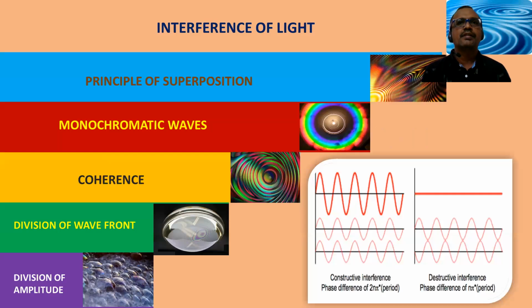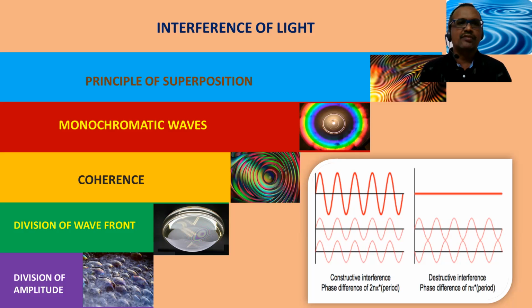The objectives of this class are to understand the concept of interference of light. First of all, we have to know what is meant by principle of superposition of waves. We have to understand that concept.